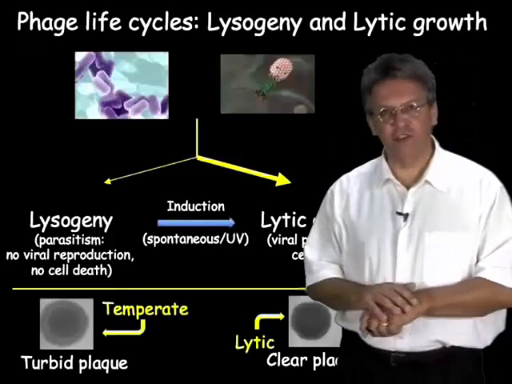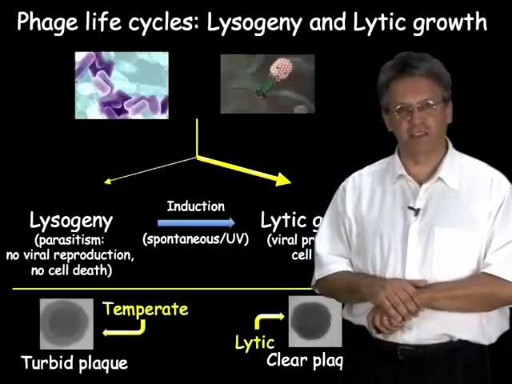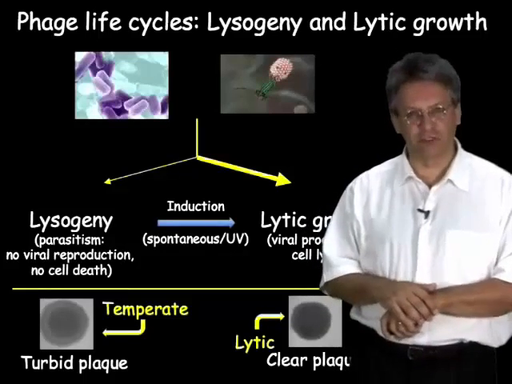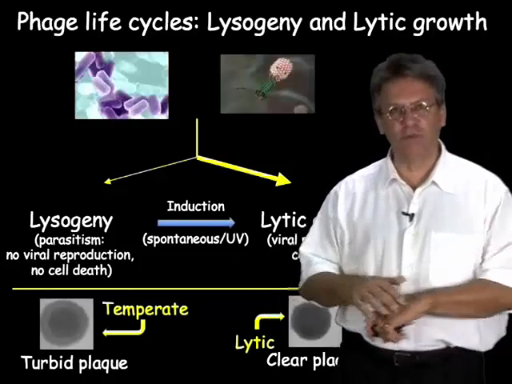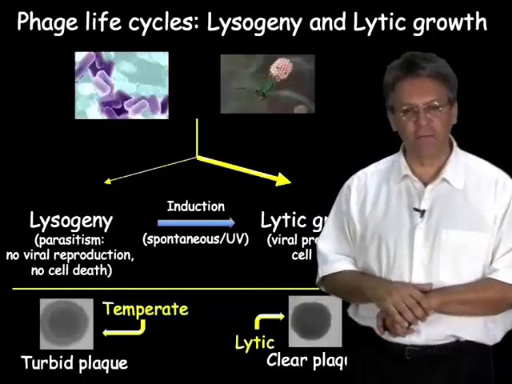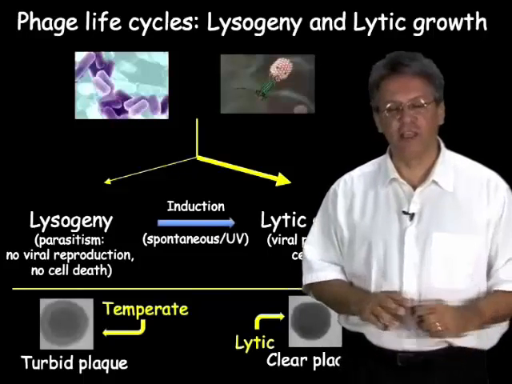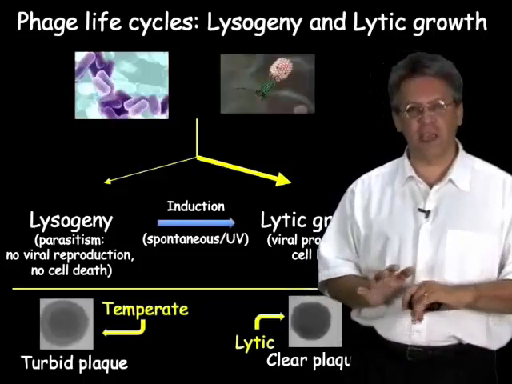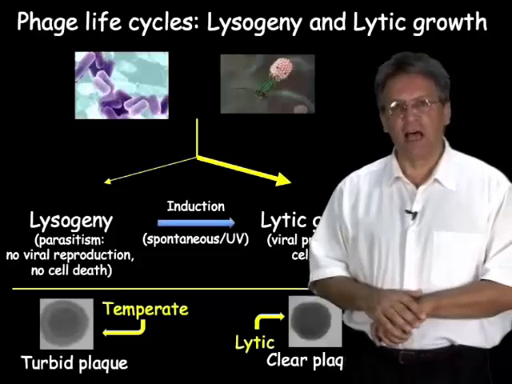So while many phages go through a lytic growth cycle, and that is essentially simply how they reproduce themselves, that's not the only type or form of growth cycle that phages can enjoy. And there's a large class, perhaps even a majority of bacteriophages, that enjoy what is referred to as a temperate life state.